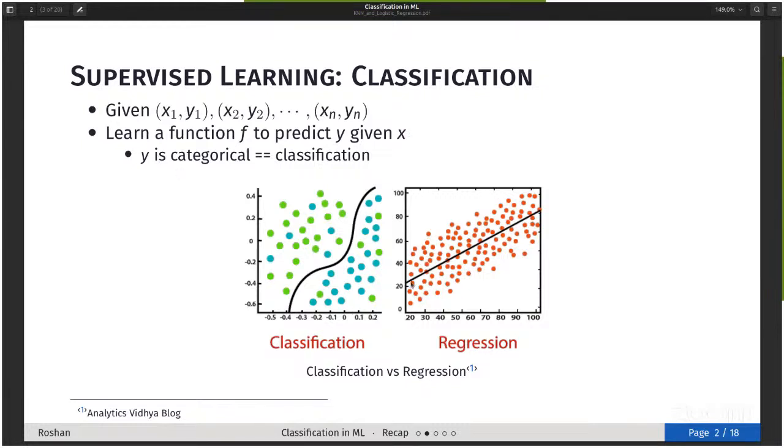Here you see some sort of a separating line, right? So points to this side are, let's say, buyers, and points to this side to the right are not buyers. Okay. Here you predict points on each line, on this line. Okay, that is what is regression.